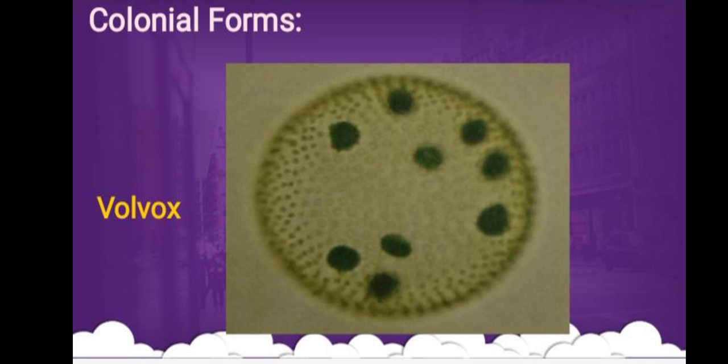In colonial forms, we can have the example of Volvox. Volvox is a green freshwater alga which lives in colonies in ponds or pools of water. The outer surface of the sphere is formed by small cells which bear two cilia each. These cells enable the colony to swim but cannot divide.